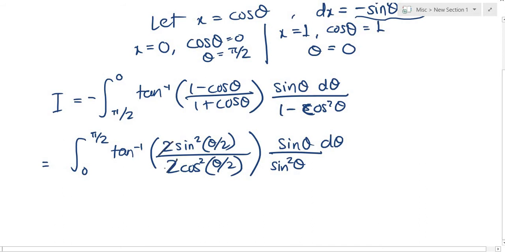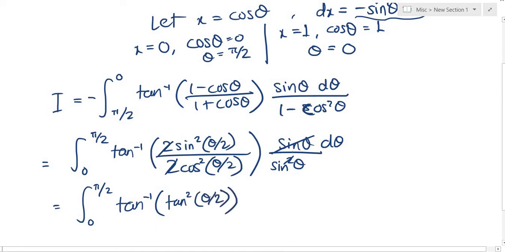So these 2's are going to cancel out and one of the sine thetas is going to cancel out. So we have the integral from 0 to pi over 2 of the inverse tangent of sine squared theta by 2 divided by cosine squared theta by 2, which is nothing but tangent squared theta by 2, and we just have a sine theta in the denominator, and I won't forget the d theta.